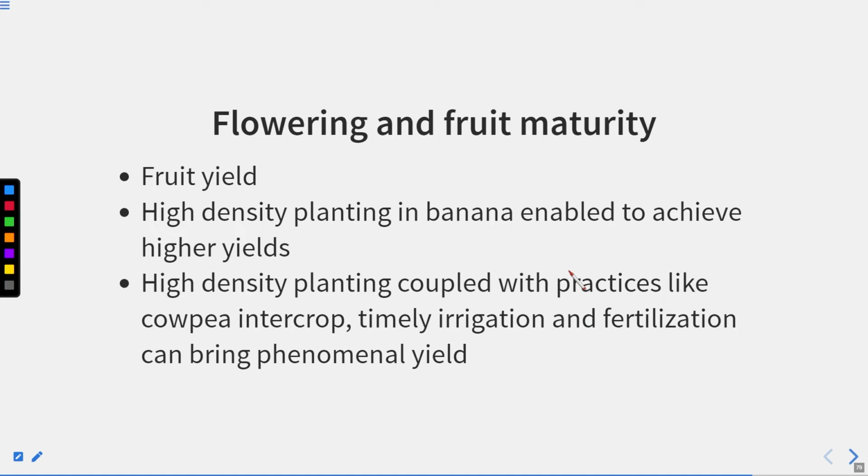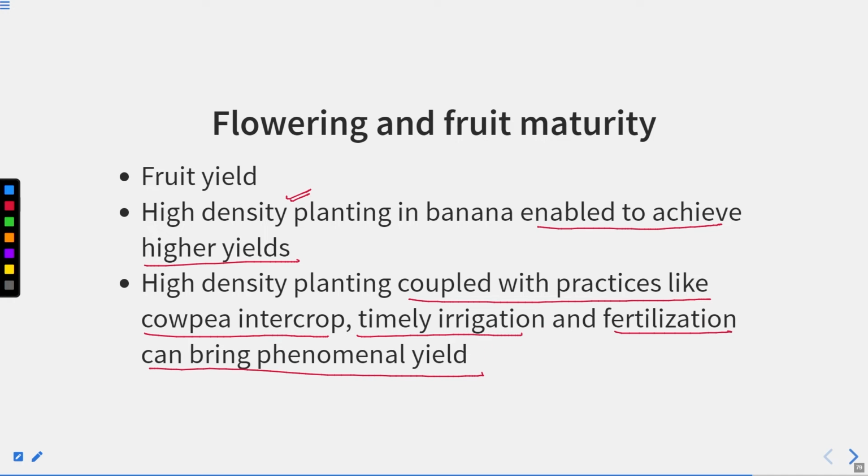Flowering and fruit maturity. Fruit yield. High density planting in banana enables higher yield. So if the plant density in the banana is more, then you will have a higher yield of banana. Higher density planting coupled with practices like cowpea intercropping, timely irrigation, and fertilization can bring phenomenal yield.